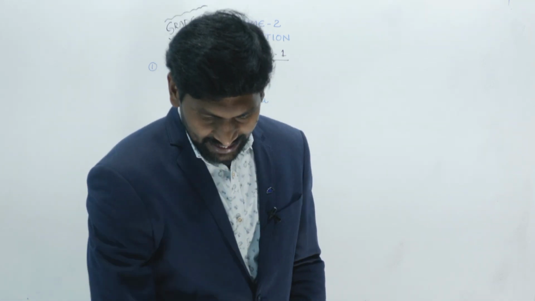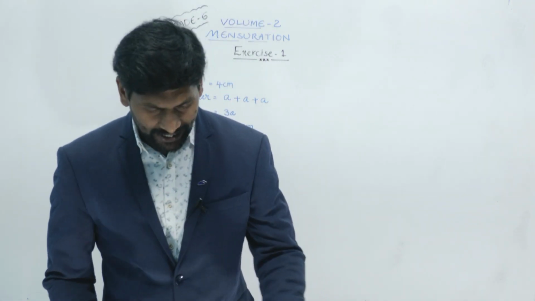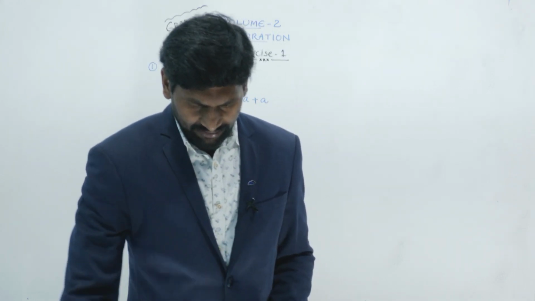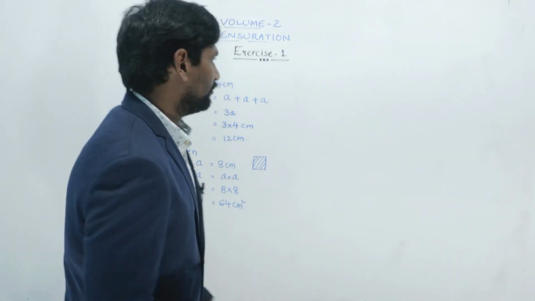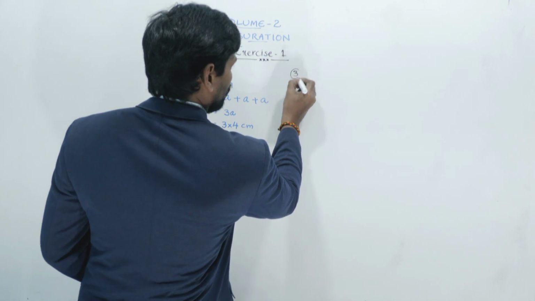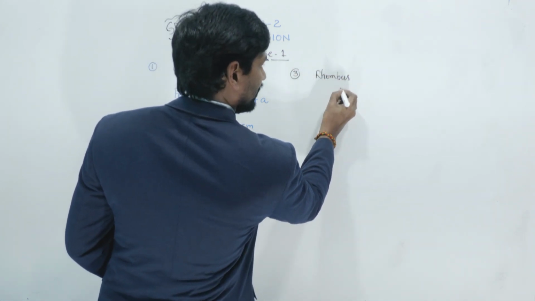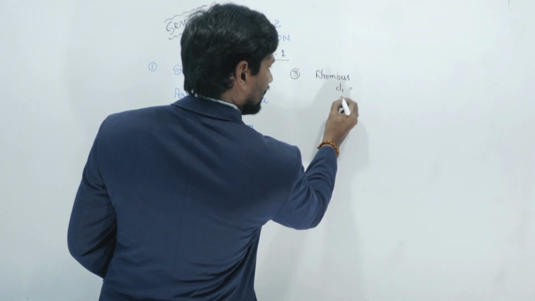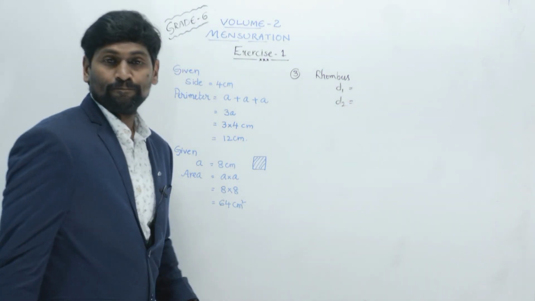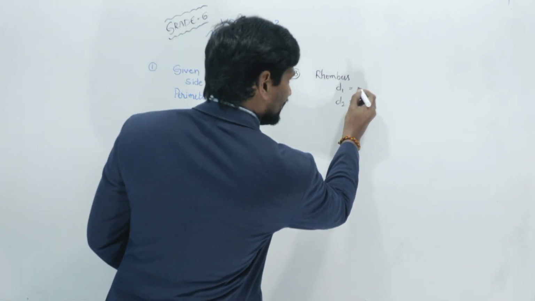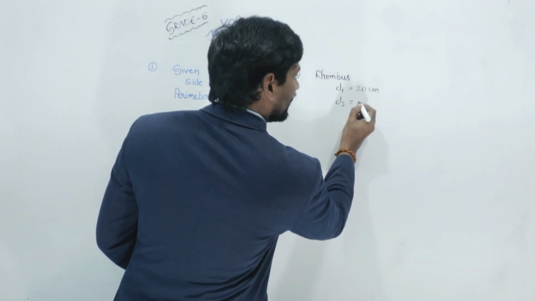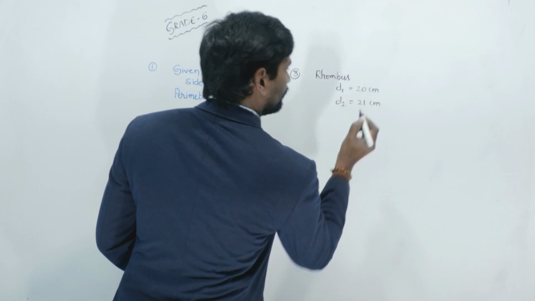The third problem: find the area of a rhombus whose diagonals are 20 centimeters and 21 centimeters. Diagonal 1 is 20 centimeters and diagonal 2 is 21 centimeters.